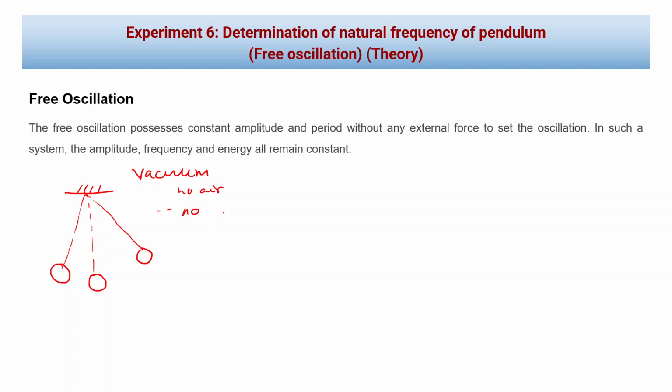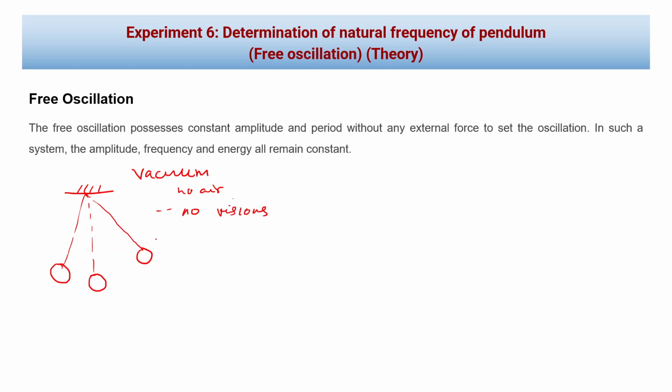That when a body moves in a fluid, it could be a gas, that is air, or it could be a liquid. So if I place this pendulum in a vacuum, then there will be no air, that means no air particles, that means no viscous force.